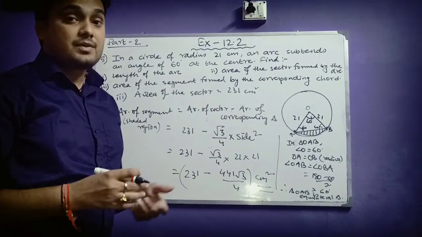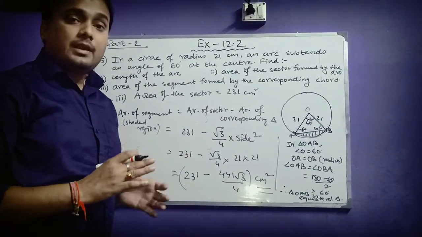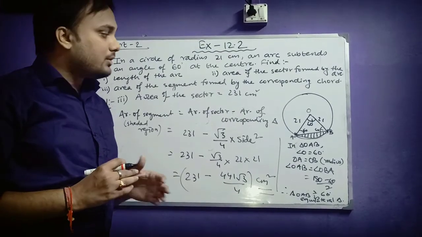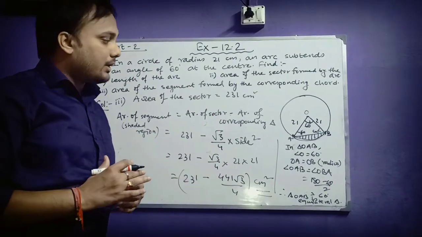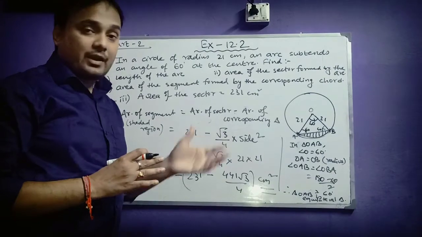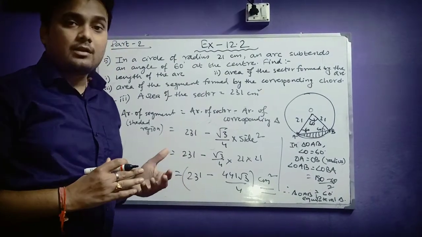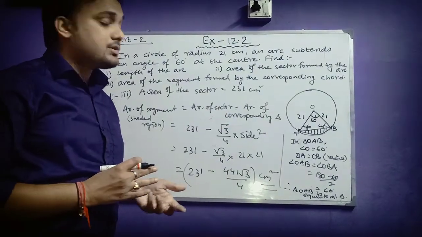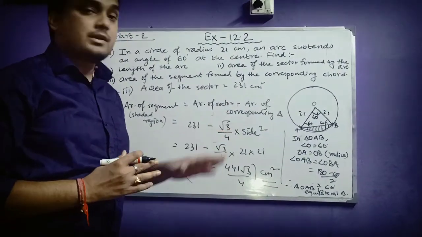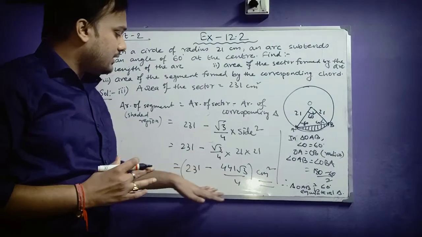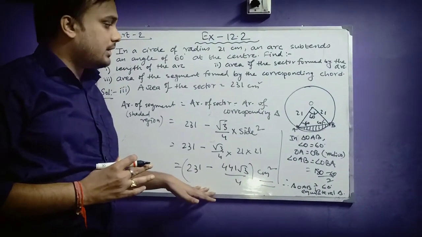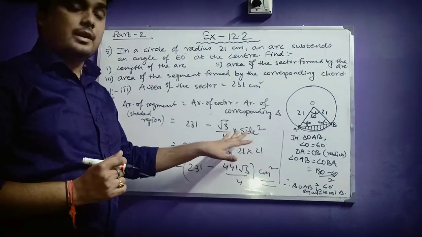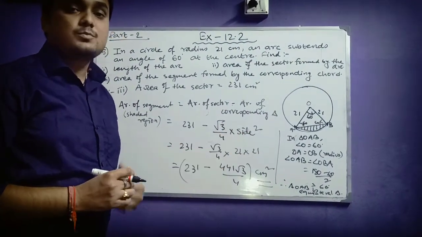As I said in the previous video, students, for finding the area of the corresponding triangle, any formula can be used according to the information given in the question and the type of triangle it is, like half into base into height, or the formula using trigonometry. Here the triangle was equilateral, so we have used the formula of the equilateral triangle. Let us move on to our next question.